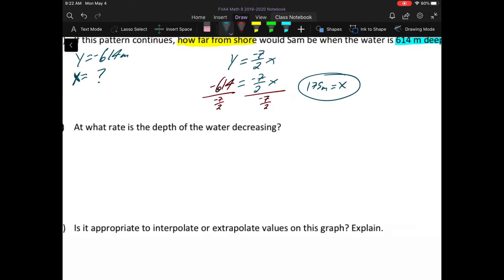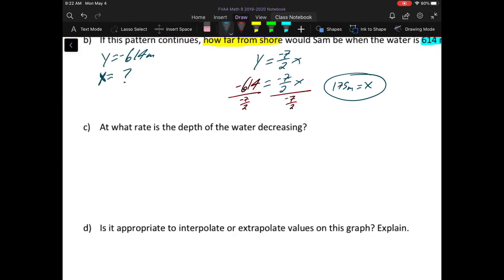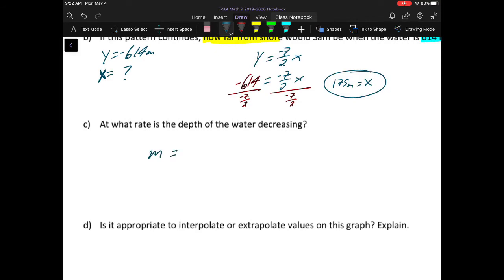At what rate is the depth of the water decreasing? Here we saw, based on our m value, that it is decreasing negative 7 meters for every 2 meters from shore.